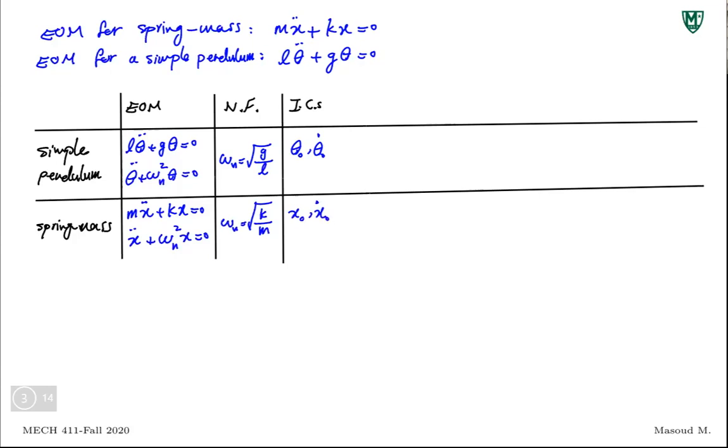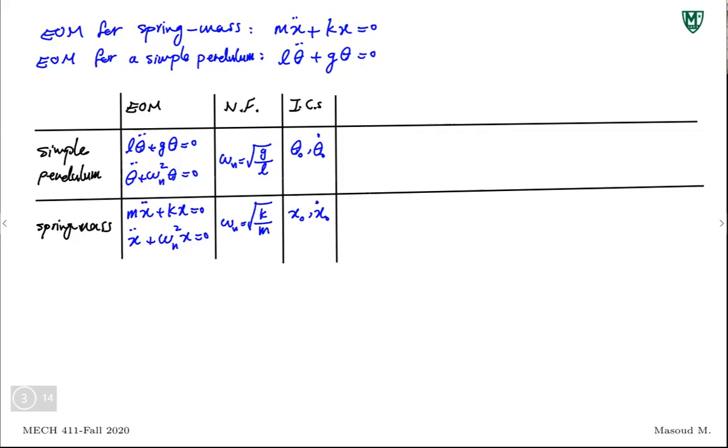Keep in mind the units are different. For a simple pendulum, initial displacement is in radians and initial velocity is radian per second. For a spring mass system, initial displacement is in meter or centimeter or millimeter, whatever unit you use for length. And the initial velocity would be meter per second. So, as you see, I'm just using whatever we have from before. I don't want to solve this differential equation again because I don't need to.